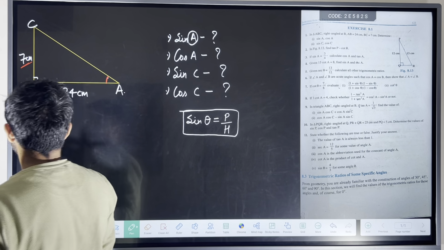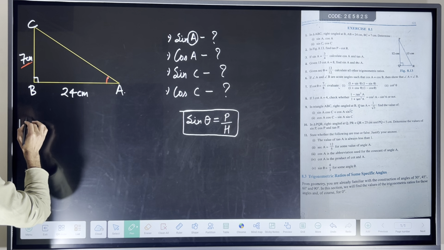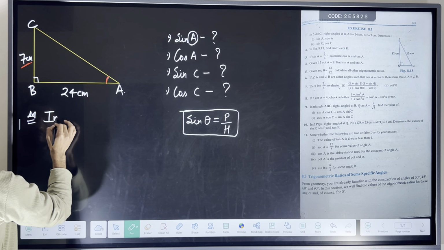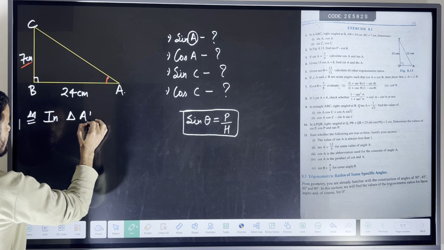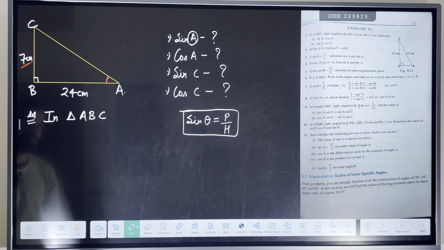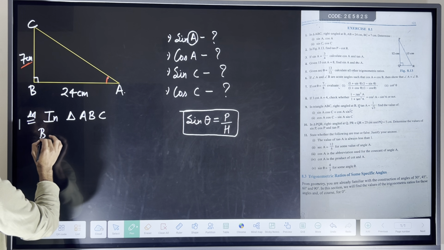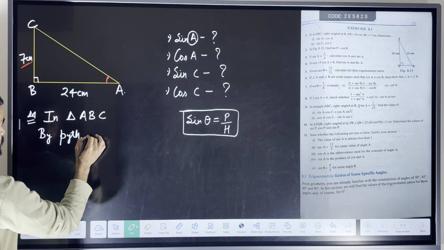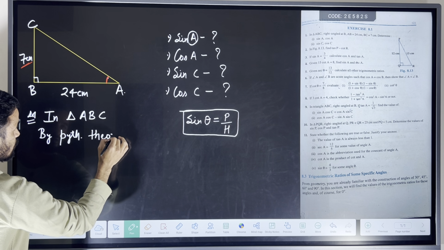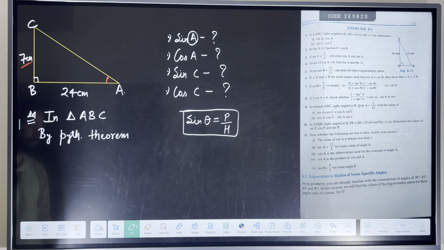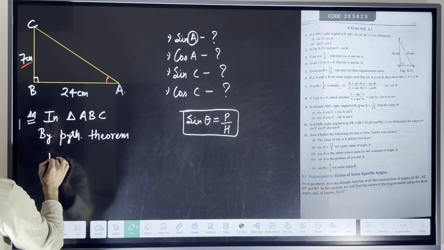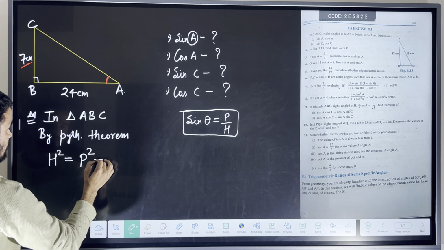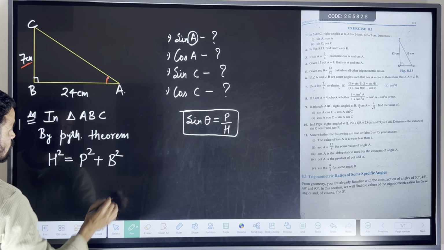So now, solution: in triangle ABC by Pythagoras theorem. What is Pythagoras theorem? Hypotenuse square is equal to perpendicular square plus base square.